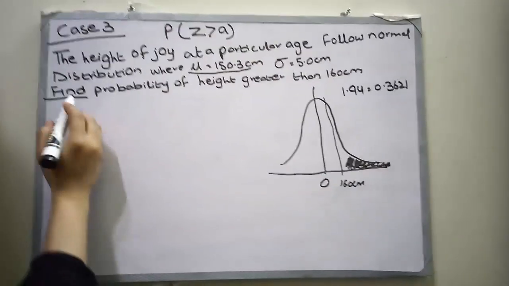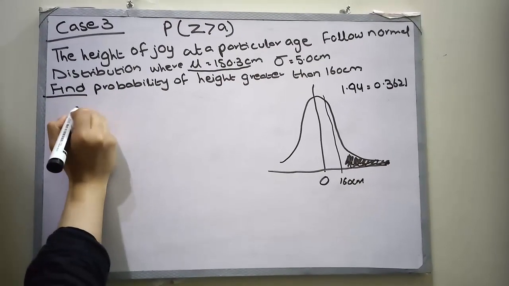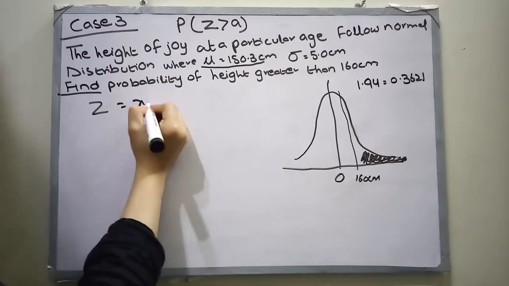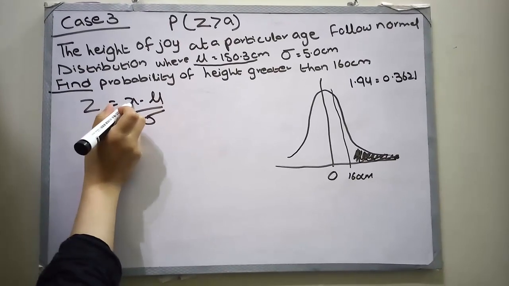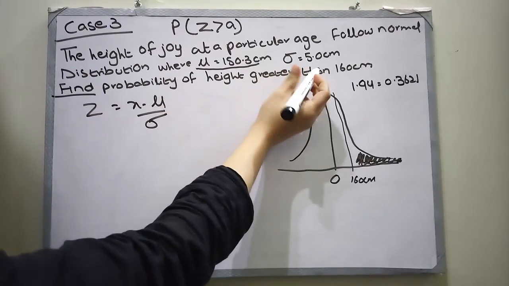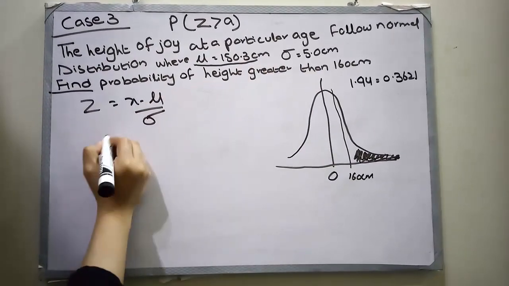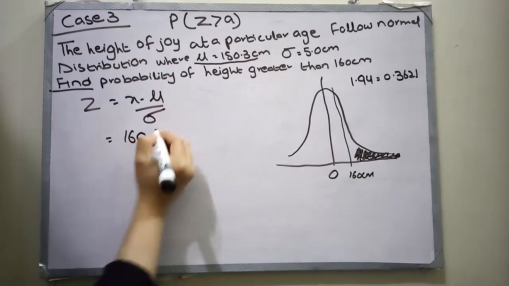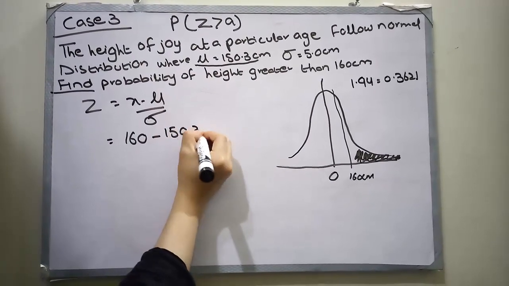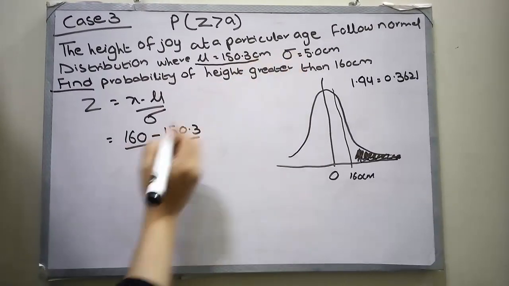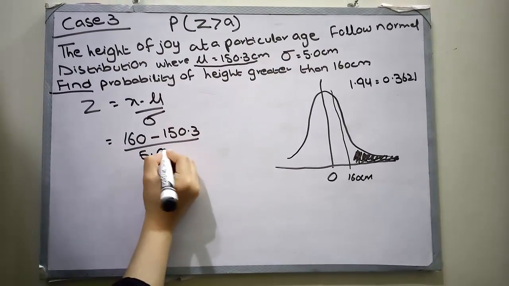We will write the formula. Z is equal to x minus mu divided by standard deviation. Putting the values, x, which is the required value given in our question, 160 minus the value of mean, which is 150.3 centimeter, divided by standard deviation, which is 5.0.